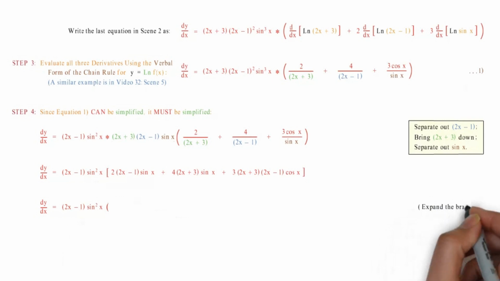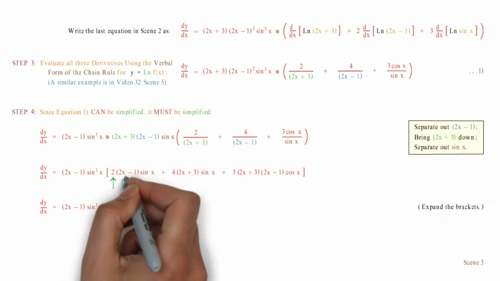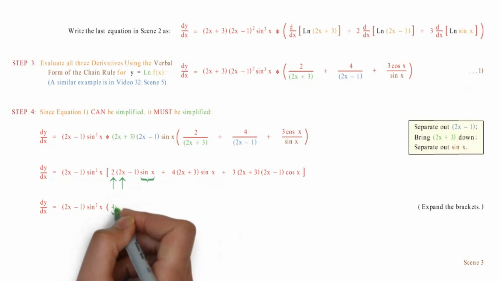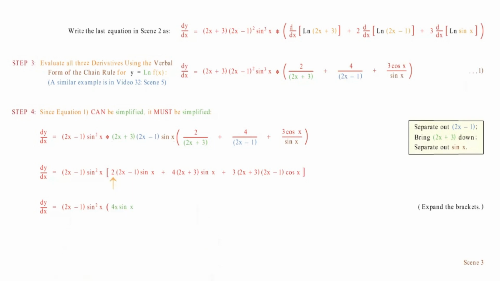Expand the brackets. 2 times 2x is 4x, times sine of x is 4x sine of x. 2 times minus 1 is minus 2, times sine of x is minus 2 sine of x.